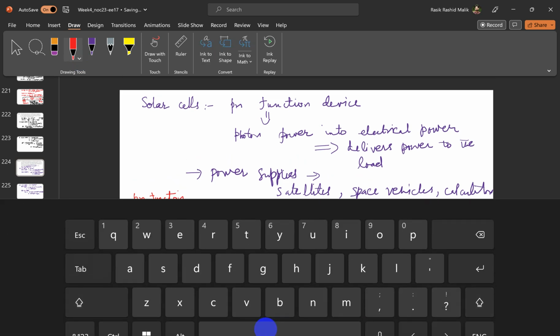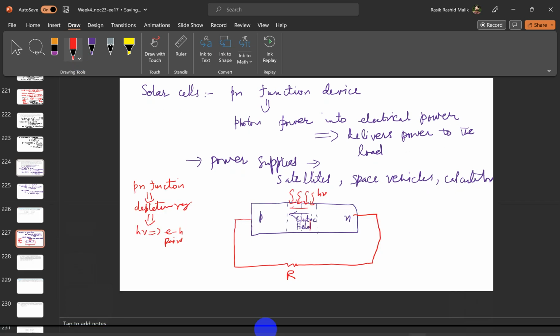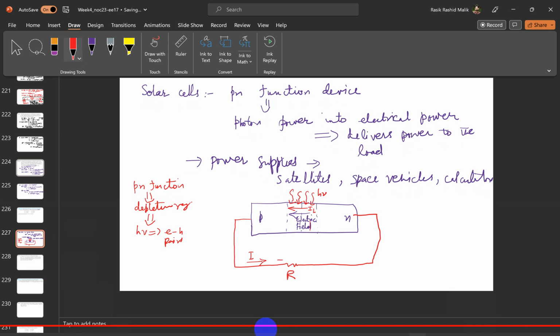Say we will have current in this direction, in the reverse direction actually. As the current flows into the resistor, we will have a voltage drop across it, and now this voltage will try to forward bias the junction, and with the forward bias the depletion width will try to shrink.